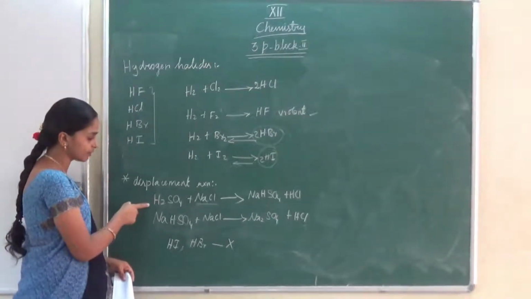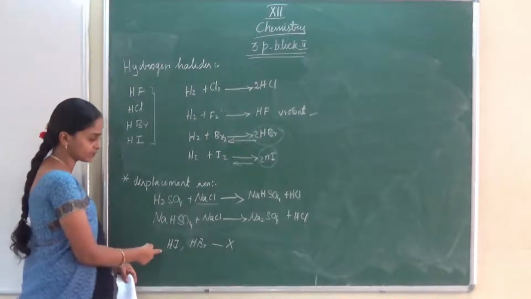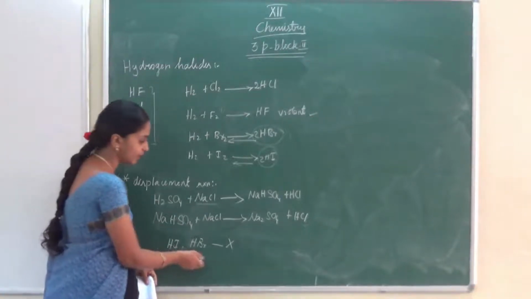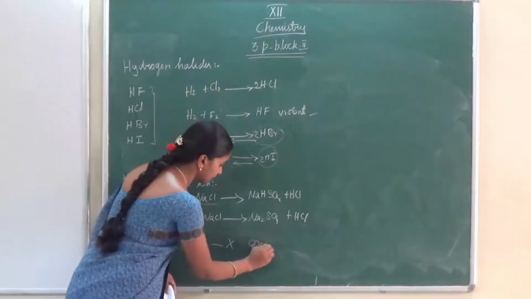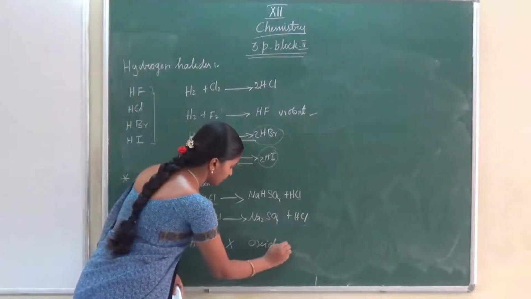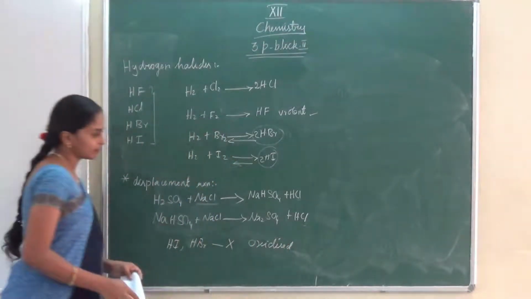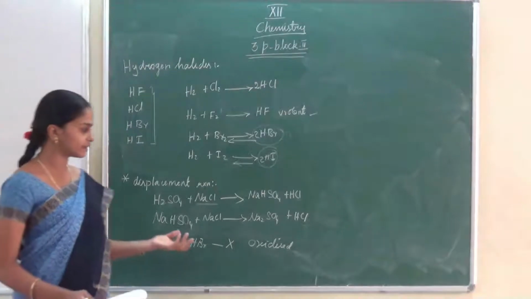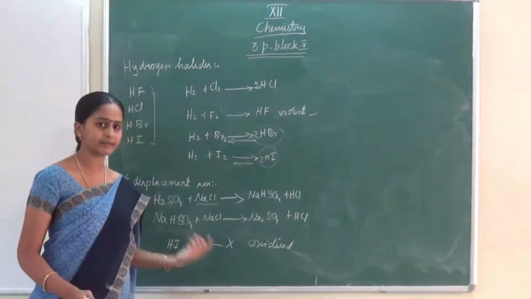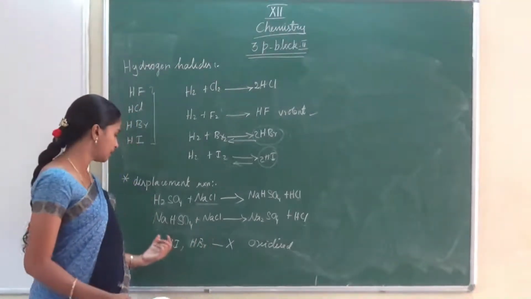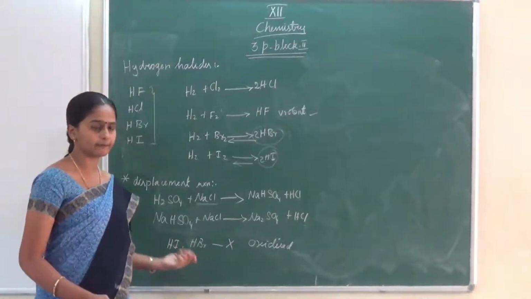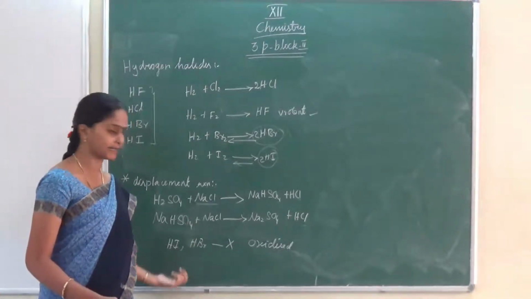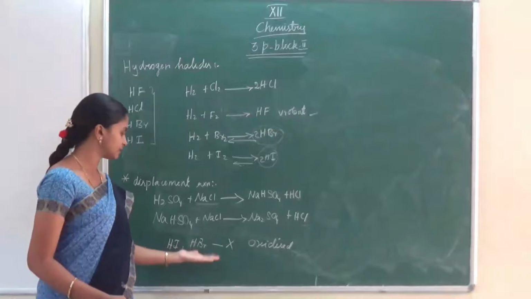When we treat sulfuric acid with hydrogen iodide or hydrogen bromide, it leads to an oxidation reaction. It will be oxidized, so we will get the pure form, that is iodine separately, I2 or Br2. We cannot get HBr or HI. So that is the reason.